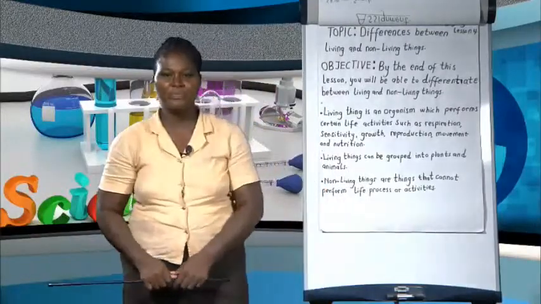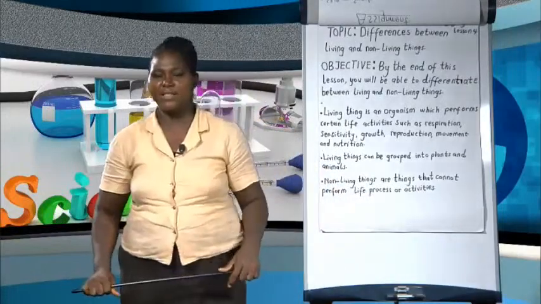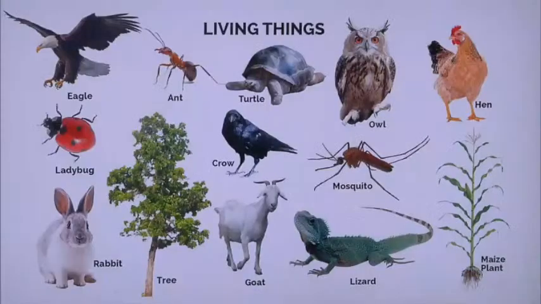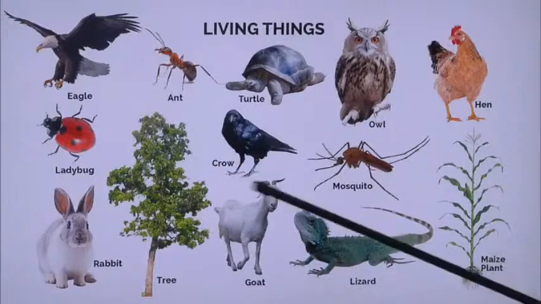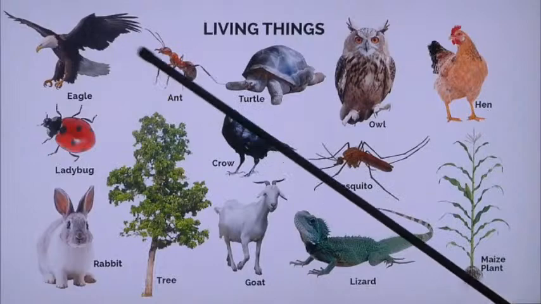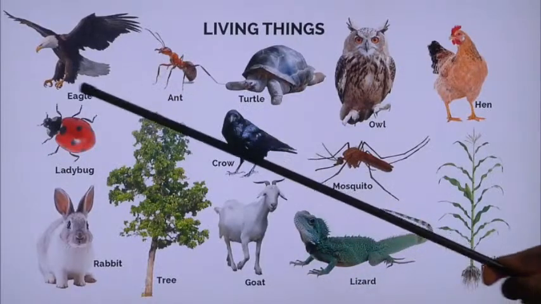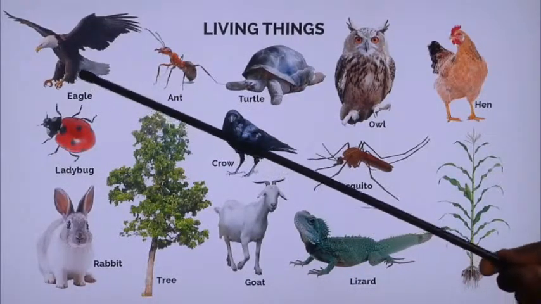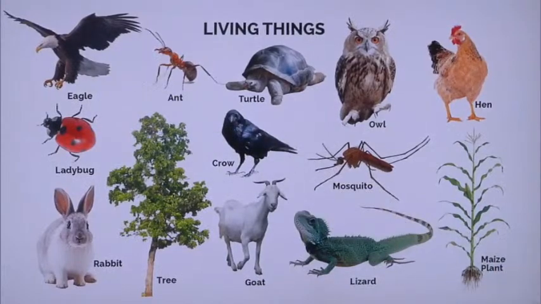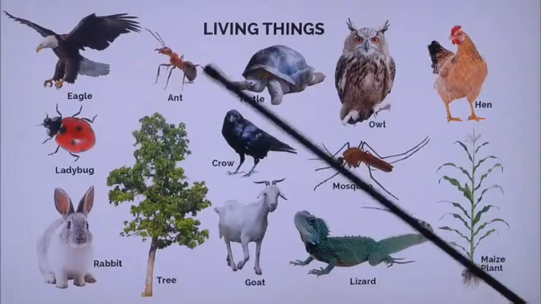Learners, before we start the lesson, let's look at examples of living things on our screen. These are examples of living things. The first picture is an eagle. An eagle is a bird. Let's look at the next picture.